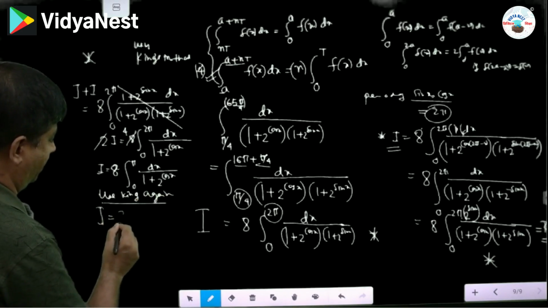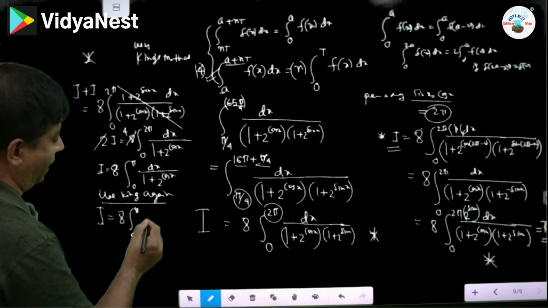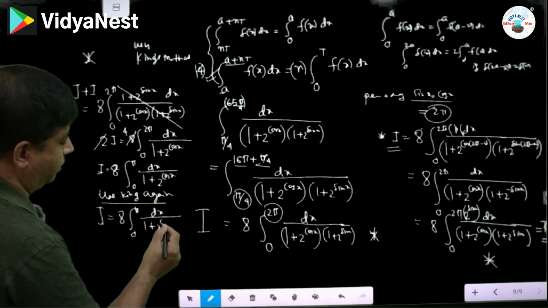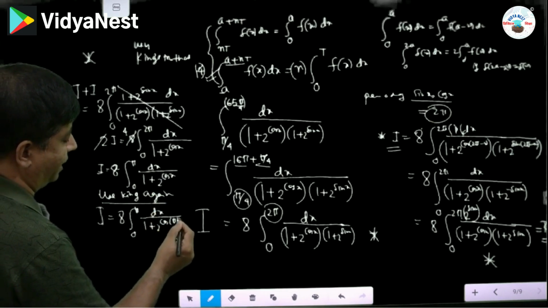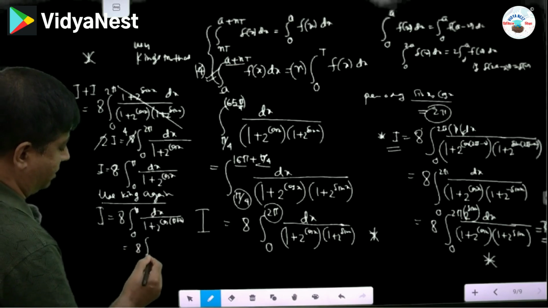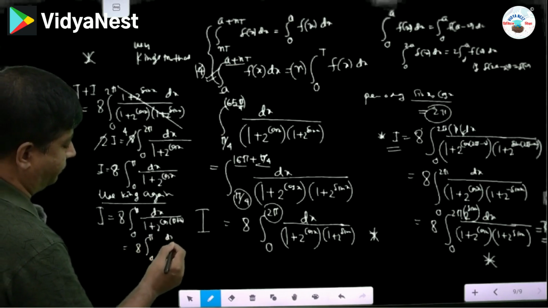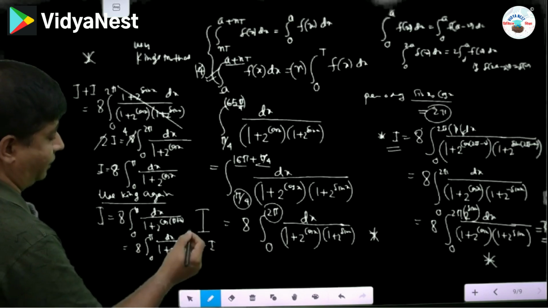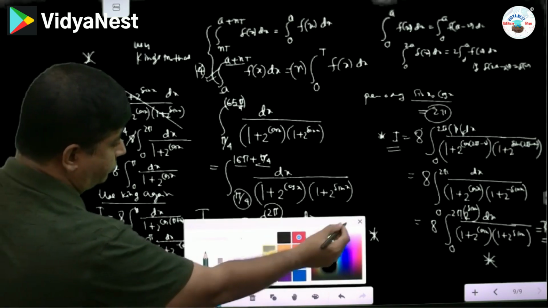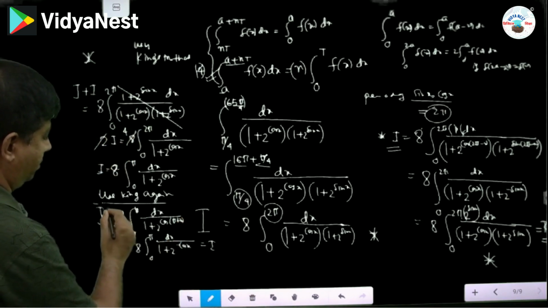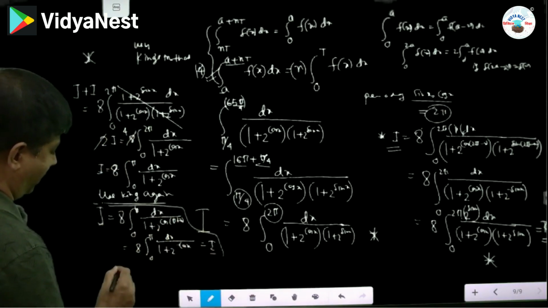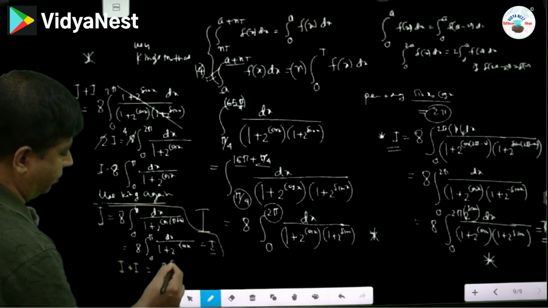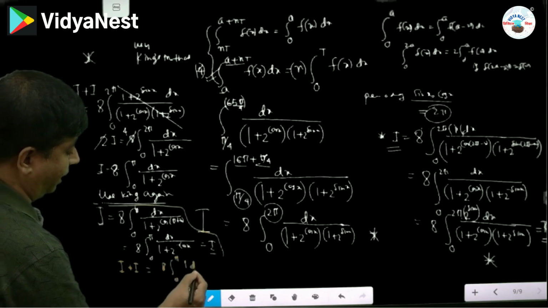I equals 8, 0 to pi, 1 plus 2 to the power cos(pi minus x). That means 0 to pi, 2 to the power minus cos x over 1 plus 2 to the power minus cos x. That is also I. This I and that I will be added. So King will give you what? 0 to pi, 1 dx.